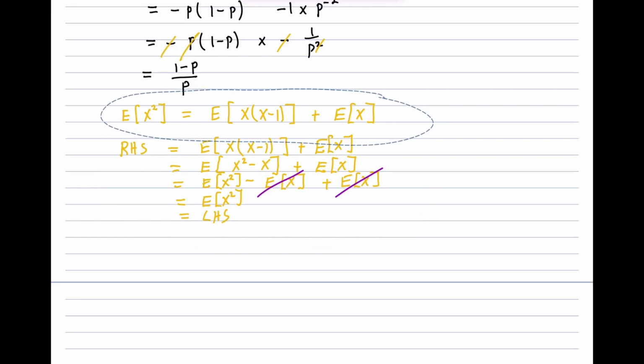And the reason that we use this is because when handling a lot of the discrete random variables, this expectation seems to be a little bit easier to compute than just evaluating the expected value of x squared on its own.